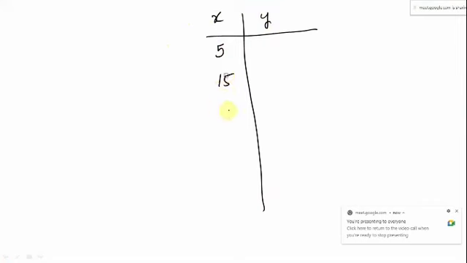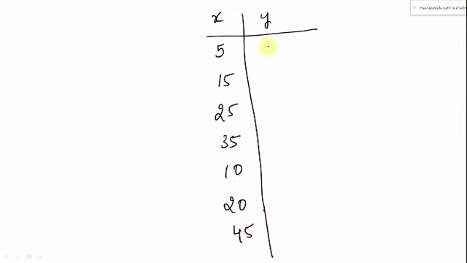Something like, if we are provided x and y, with x as 5, 15, 25, 35, 10, 20, 45 and y as 8, 64, 56, 32, 24, 16, 80.